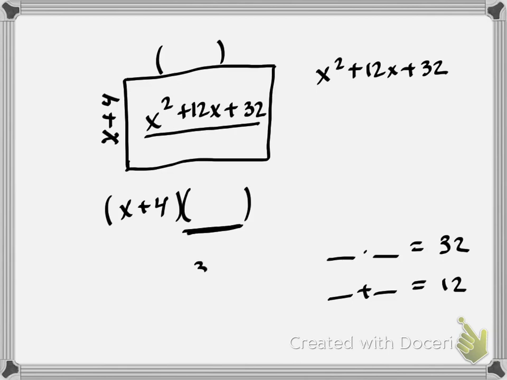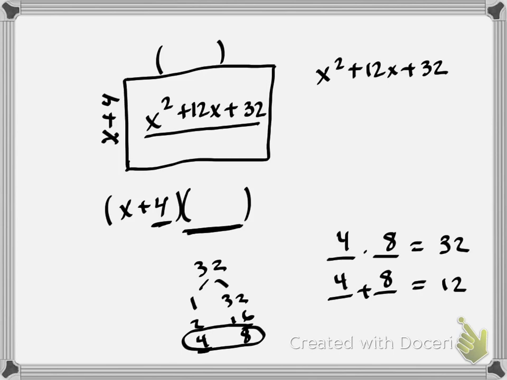If you look at the multiples, what multiplies to 32: 1 and 32, 2 and 16, 4 and 8. Well, we already know that one of the numbers is 4 because they gave it to us. So it must be this pair, because that pair has 4 in it also. So this is 4 and this is 8.